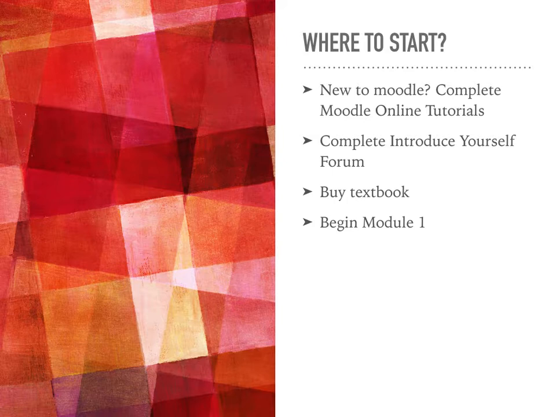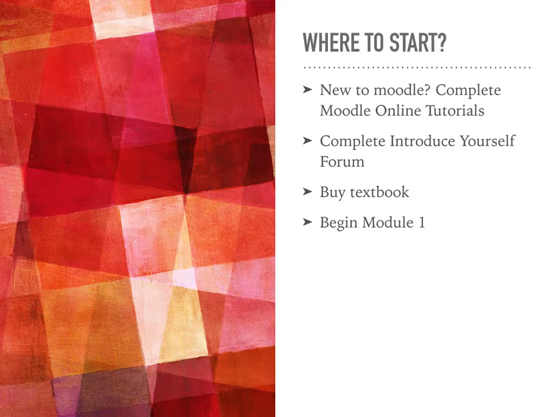So where should you start? You're watching this video, which is at the course header, as we call it in Moodle. If you're new to Moodle, I suggest that you complete the Moodle online tutorials that are included in our class. And then after you go through those tutorials, complete the introduce yourself forum in Moodle.